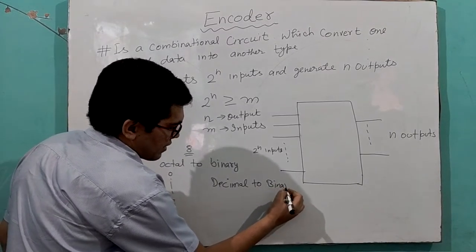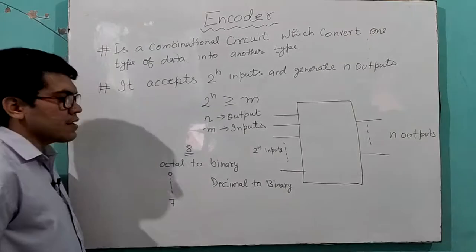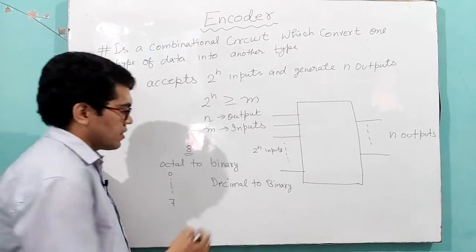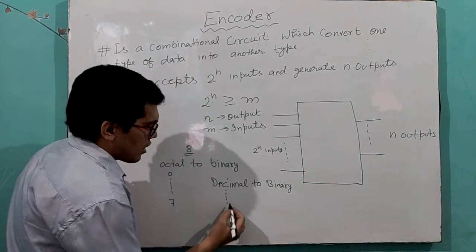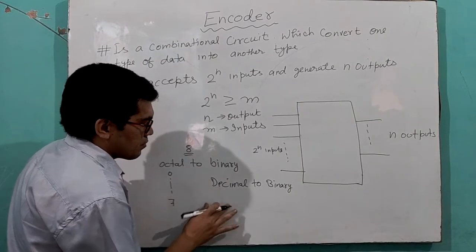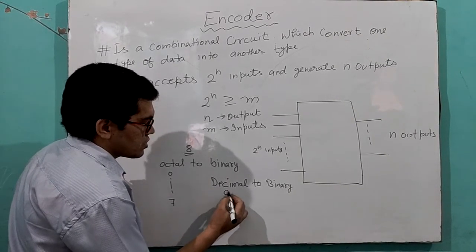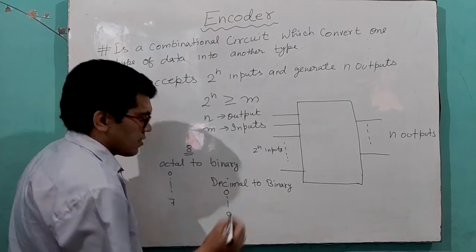Now if I talk about decimal to binary, I want to make a decimal to binary encoder. In this case, how many numbers do I have as input? 0 to 9.